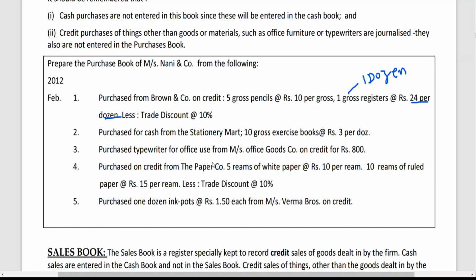You can see here 5 gross pencils, per gross has been given, and as far as registers are concerned, per dozen has been given. So 1 gross register is equal to 1 dozen. 1 dozen means 12 items. Is this clear? Sorry, not 1 dozen, extremely sorry, it is 12 dozens. So 1 gross register is equal to 12 dozens.